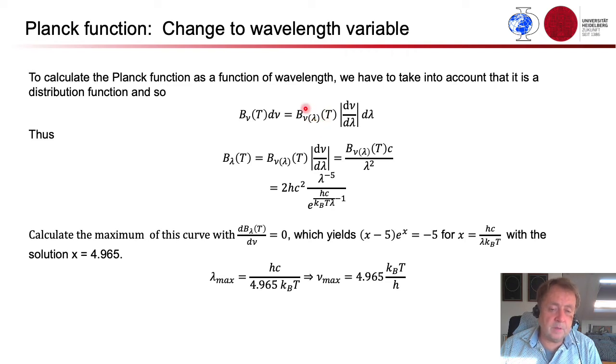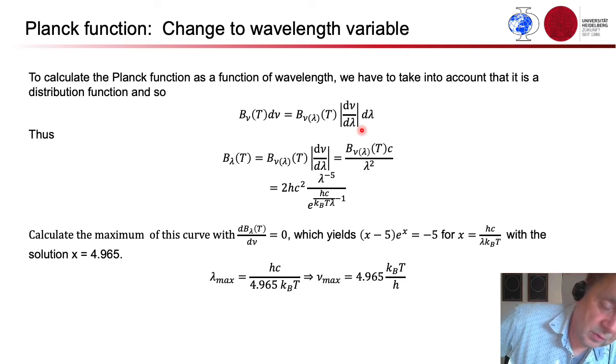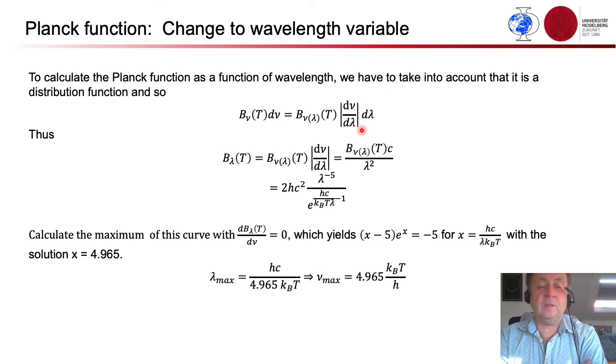So this becomes an expression of lambda, of the wavelength. And then we have to take into account, in addition, the Jacobian of the transformation, the derivative d nu with respect to lambda, then d lambda. So that is the proper way how to transform distribution functions.